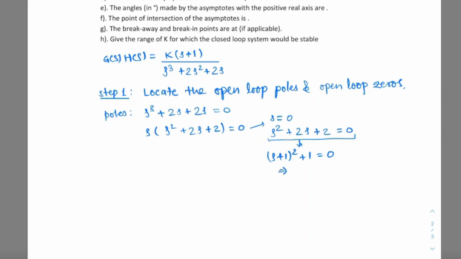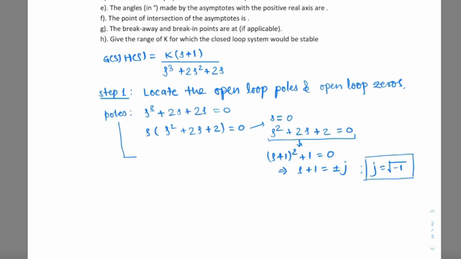This implies the roots are s plus 1 is equal to plus minus j, where j is the complex number, where j is the square root of minus 1.